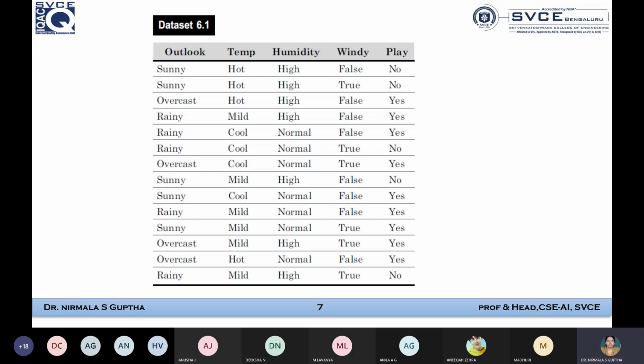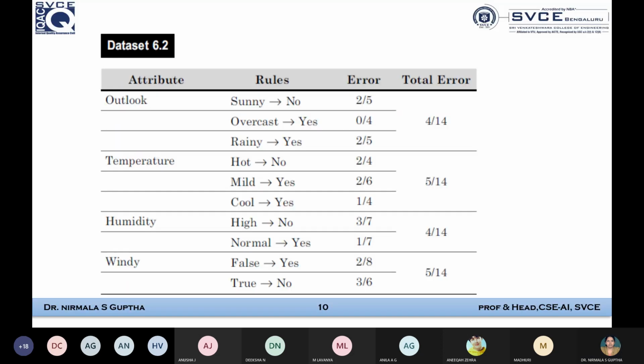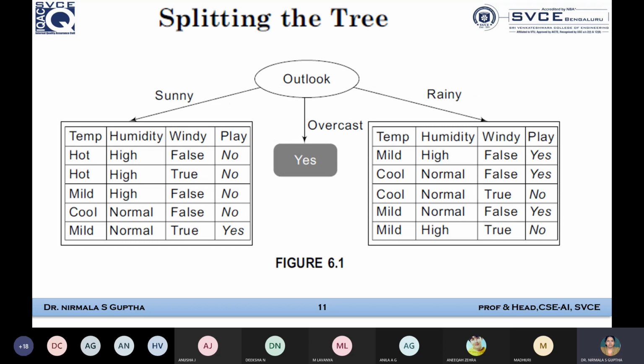Then cool gives yes. What is the denominator? Cool gives yes. So we get the denominator is 1.